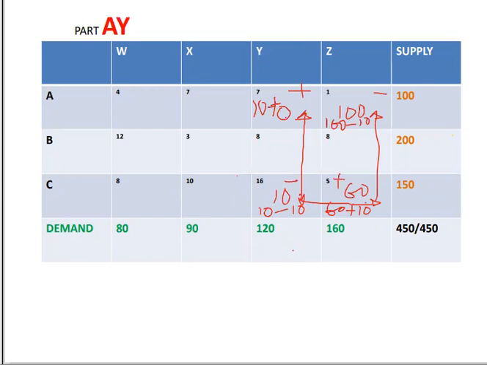My question is, when we were using least cost, we started from the least value, which was 1 naira. So we did the same thing for this stepping stone to get the 90, 60, and the rest? Don't mix them together.